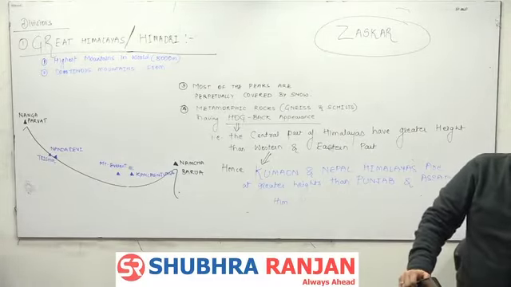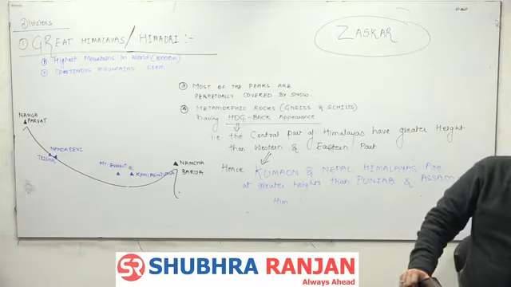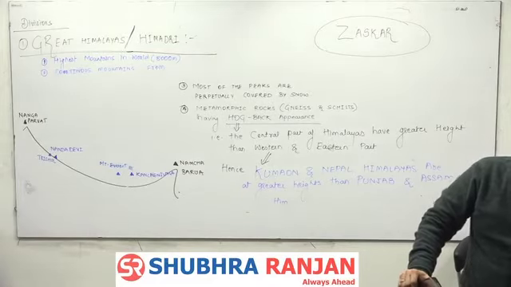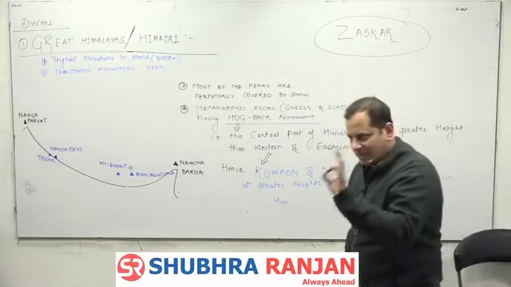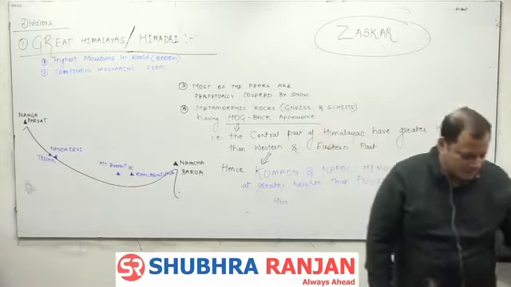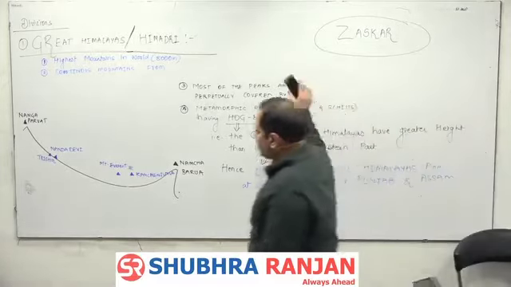Again, if you read some notes, Zaskar is given as Trans Himalayas in many notes. In Khullar itself, at one place Trans Himalayas is given, at another place Great Himalayas is given. So what is this? It is Great Himalayas. Remember, it is Great Himalayas. It is not a part of Trans Himalayas. Fine with this?